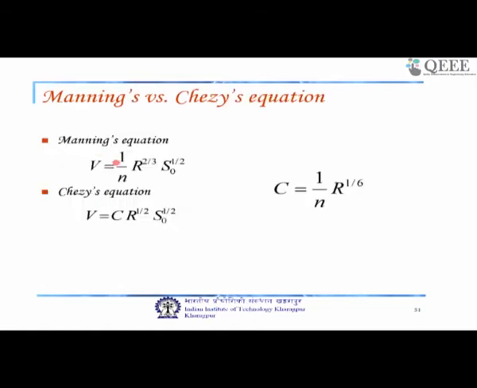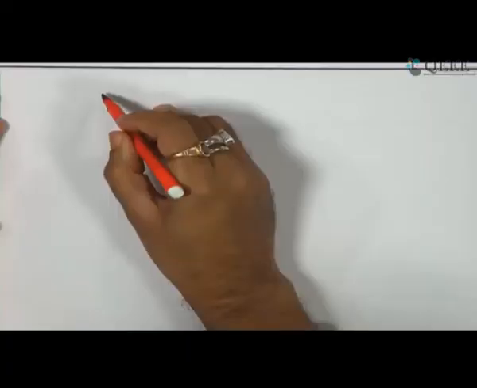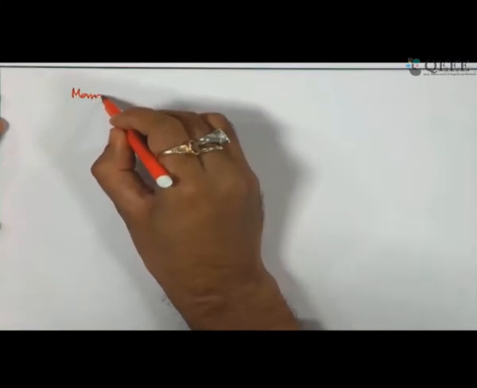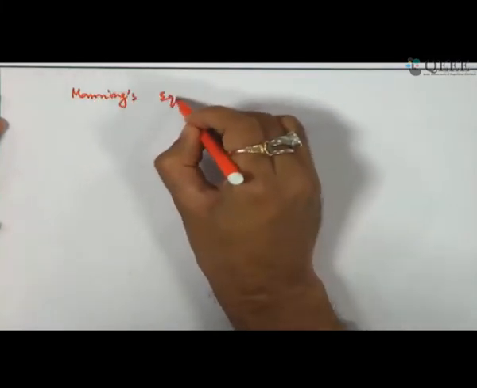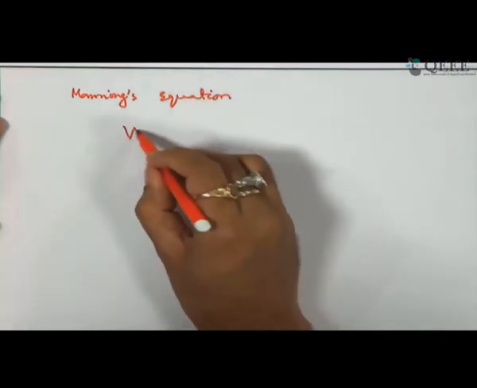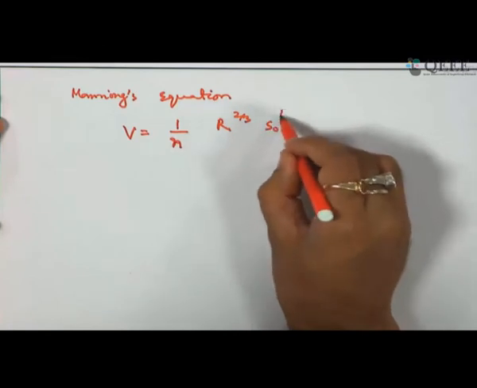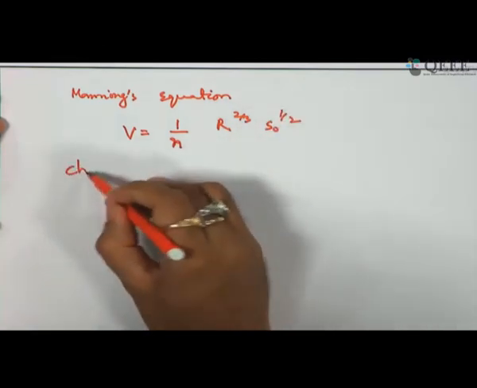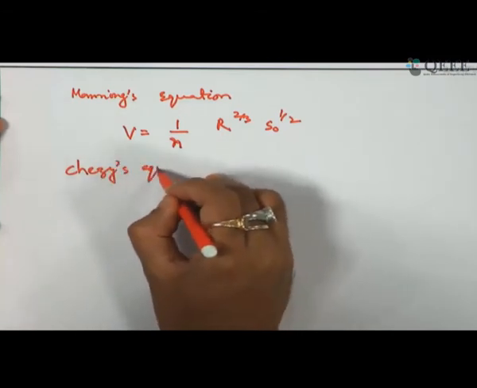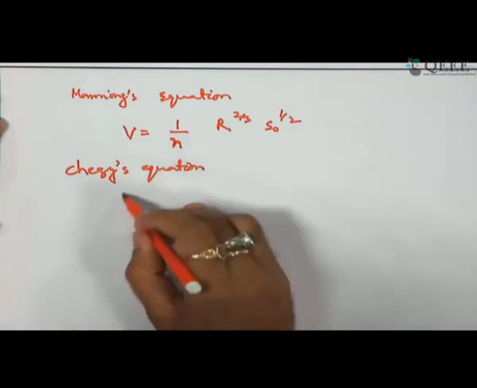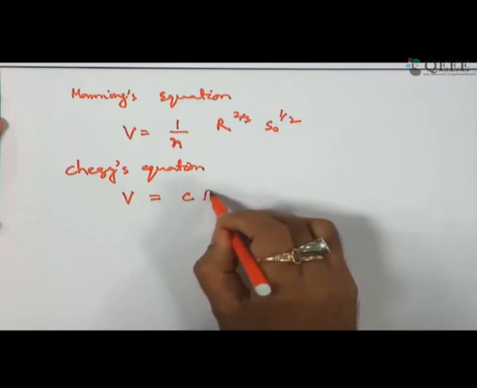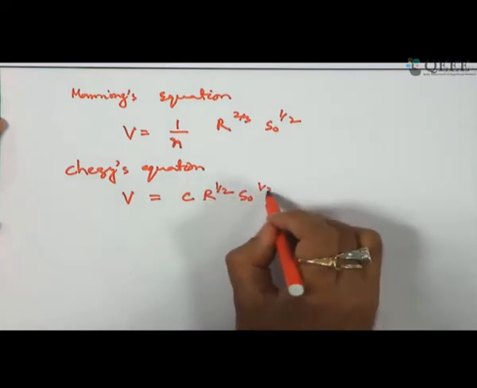So, if we compare our equations, then from Manning's equation we have velocity equal to 1 by N R to the power 2/3 S to the power half, and from Chezy's equation we have V equal to C R to the power half S naught to the power half.